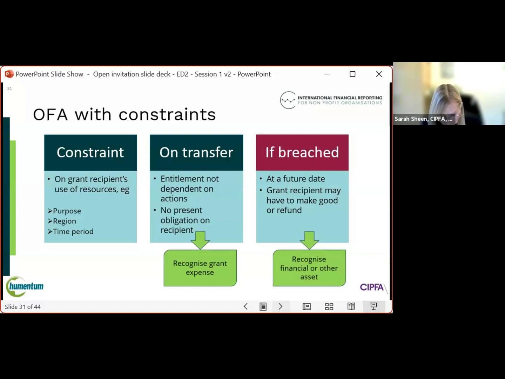So the expenses are recognised when they've met the terms of the agreement. At a future date, the grant recipient might breach the constraints, which is an important part of it, and have a present obligation to make good the failure. If there is a present obligation on behalf of the grant recipient, then that may mean there is an asset for the grant provider, and that might be a financial asset if there is, for example, a cash refund due to the grant provider.